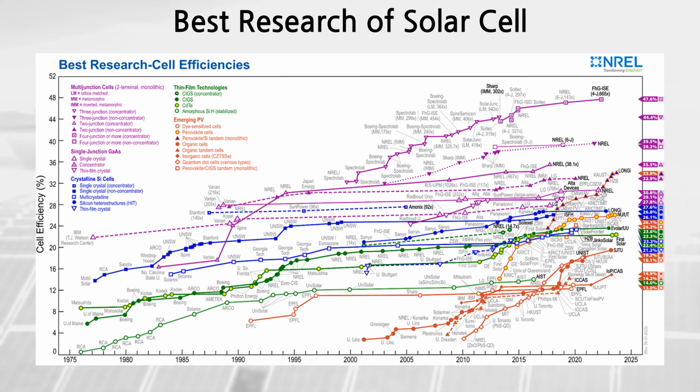On the other hand, the purple line shows the efficiency of a multi-junction solar cell, which is higher than that of a single-layer cell, and its efficiency has continued to increase until recently. So it can be judged that it still has a lot of potential.